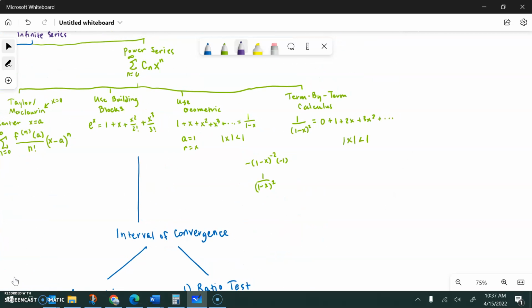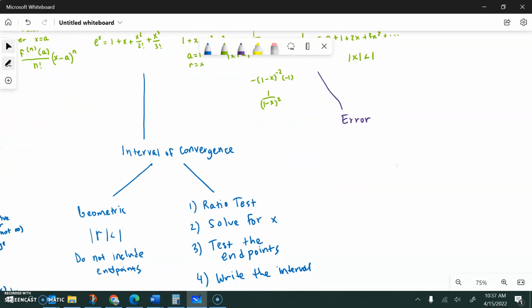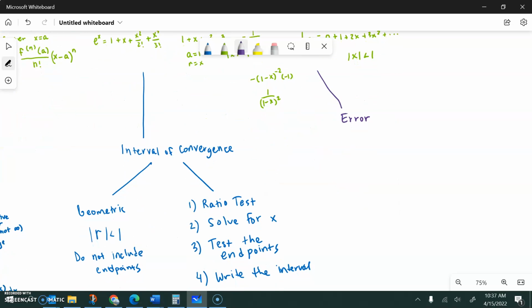The other big topic that comes from power series is error. It's not practical or possible to use infinitely many terms. So instead of using infinitely many terms, we stop ourselves and use maybe 50 terms or maybe 4 terms. And there are two possibilities for the error. One possibility is that whatever number we plug in for x gives us an alternating series.